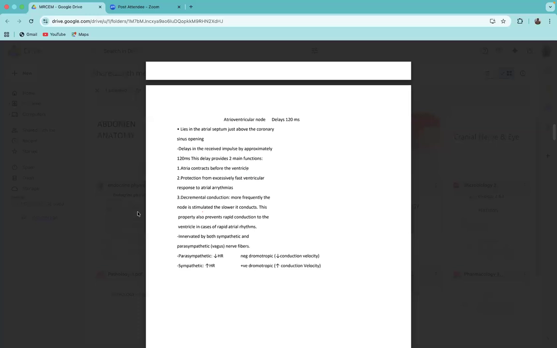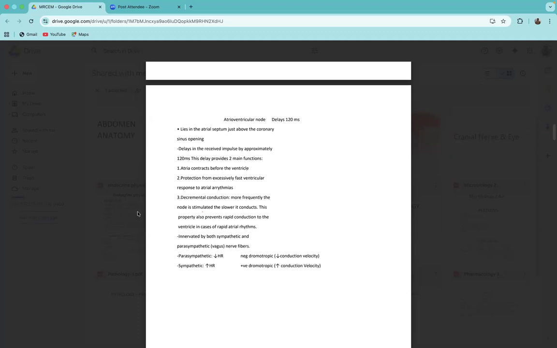This is approximately a 120 millisecond delay that provides two main functions. One, the atria contract before the ventricles, and two, protection from an excessively fast ventricular response to atrial arrhythmias.